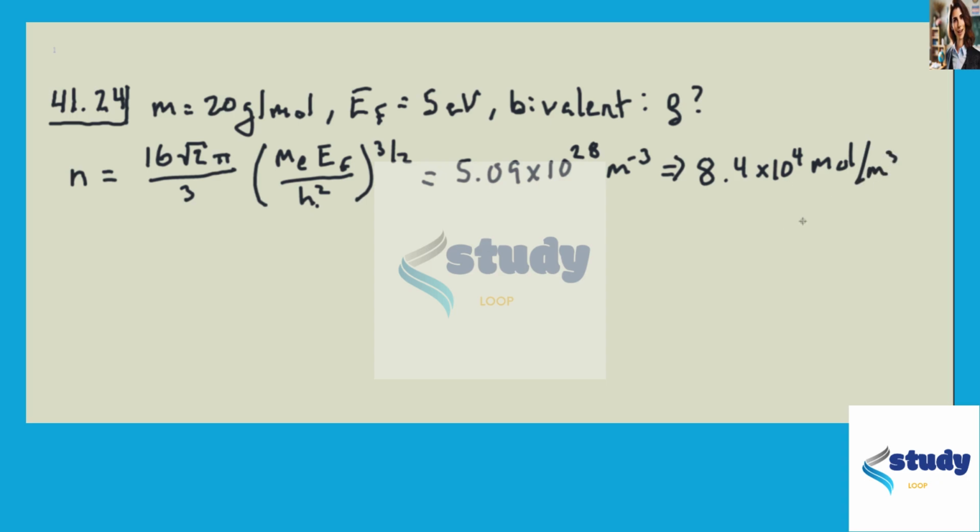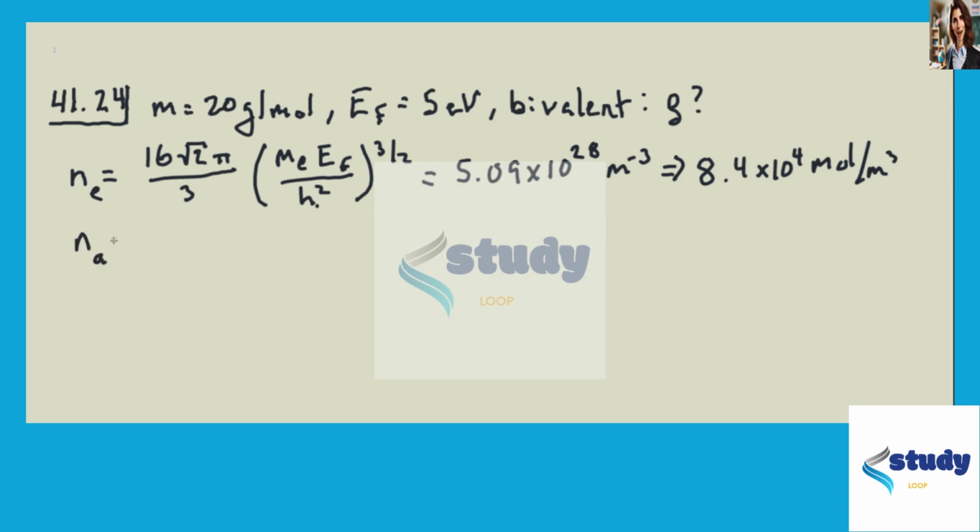Of, oh wait, no, I'm sorry, we don't need this molar mass yet. Because we have the molar mass, we want this in moles. This is just dividing it by the Avogadro constant. So this is for the electrons.